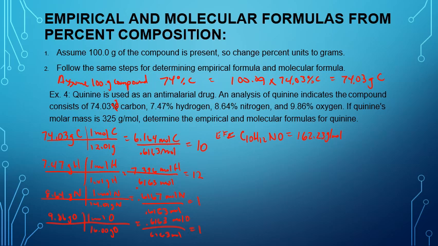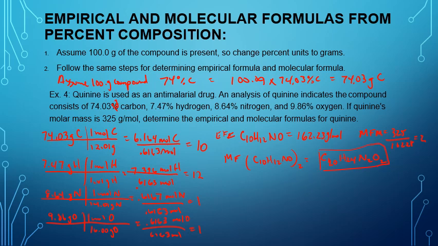So if I want to figure out the molecular formula, since that's 325, I can now divide it by the 162.23, and that's going to equal 2. So my molecular formula will be C10H12NO times 2, which would be C20H24N2O2. Okay, so I'd have that final answer.